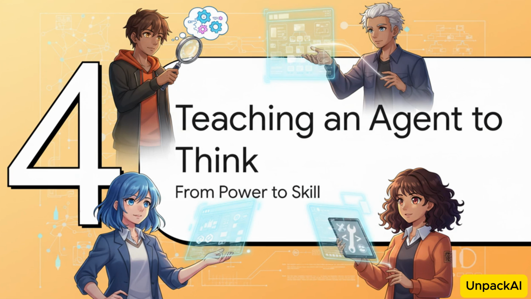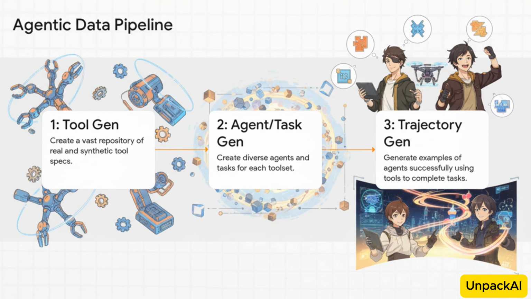All right, so we've got this stable, super efficiently designed model. But all that raw pre-trained power isn't enough on its own to create a truly capable agent. The next phase is where the magic really happens. This is all about teaching it how to reason, how to plan, and how to actually use tools. To teach this thing how to use tools at a massive scale, they built this incredibly sophisticated data synthesis pipeline.